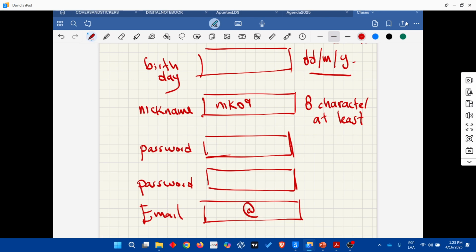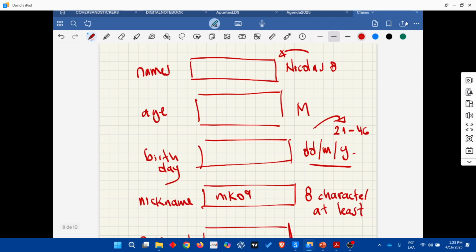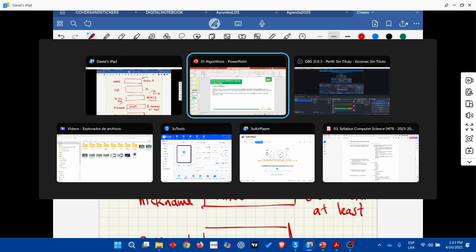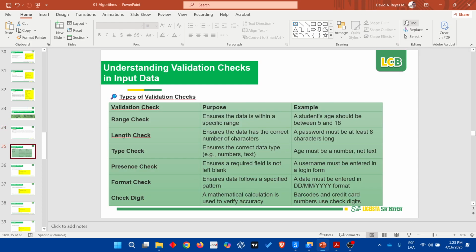No, you need to put david.reyes arroba. Okay, that is validation. This is validation that you are going to be sure that the data is reasonable and acceptable. So here you have some examples.